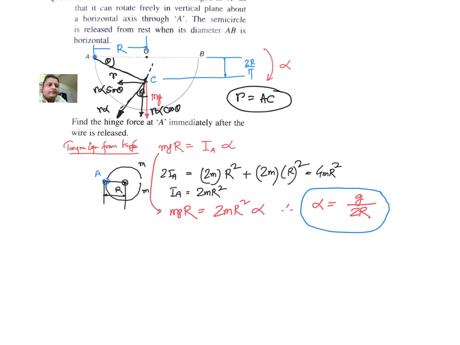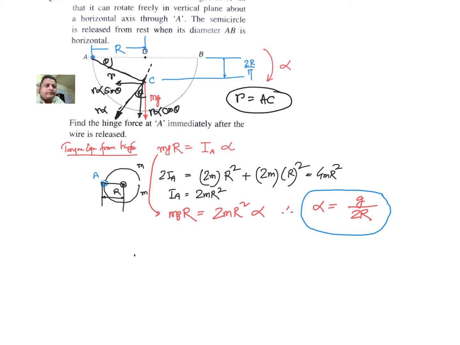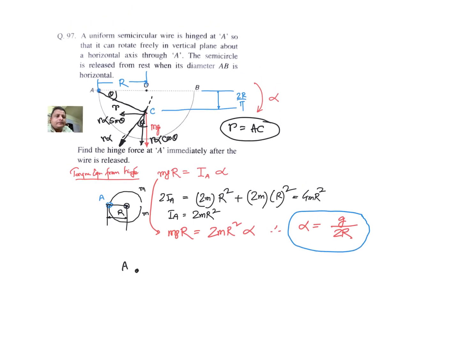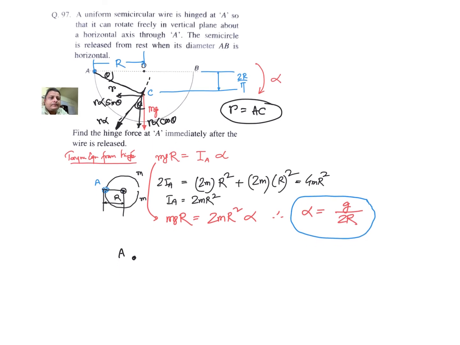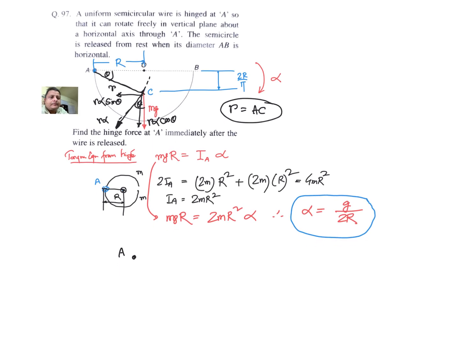Now we have the system A. Here the hinge force is what we have been asked to find, the hinge force at A. So the acceleration of the system has two components: r alpha sin theta this way, and downwards the acceleration is r alpha cos theta.